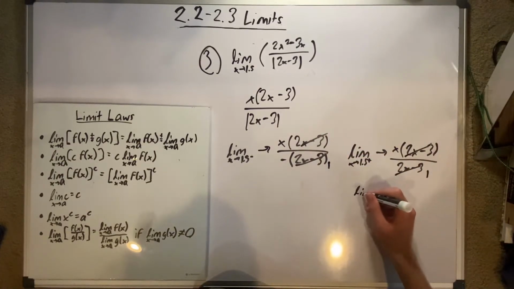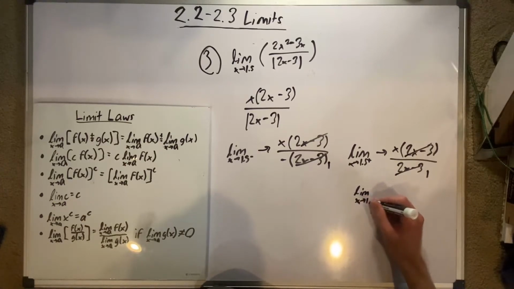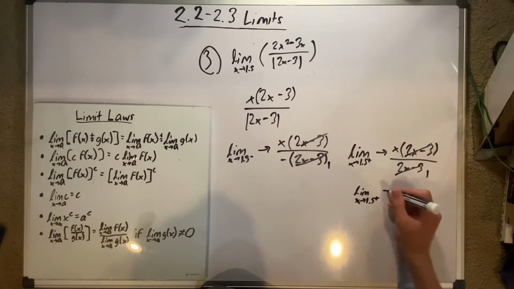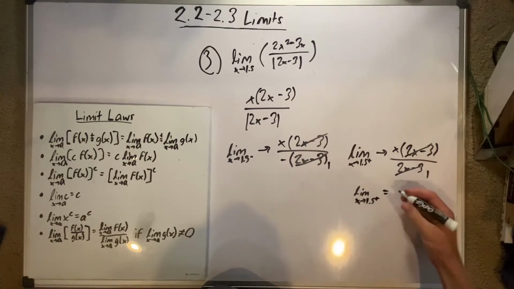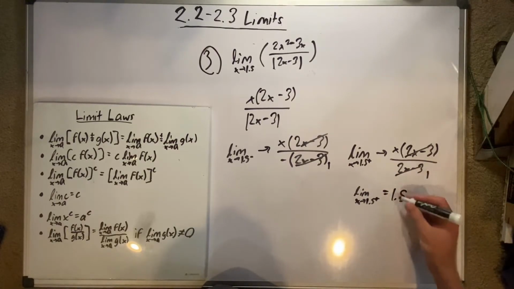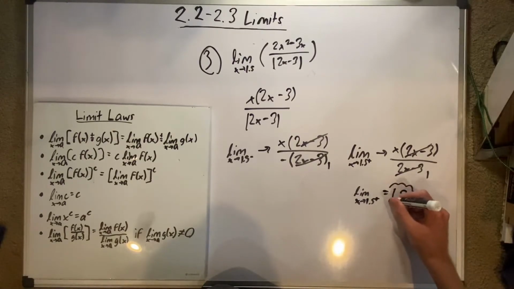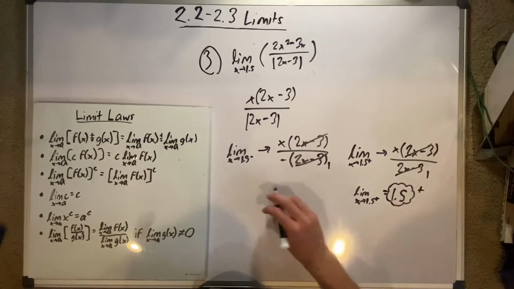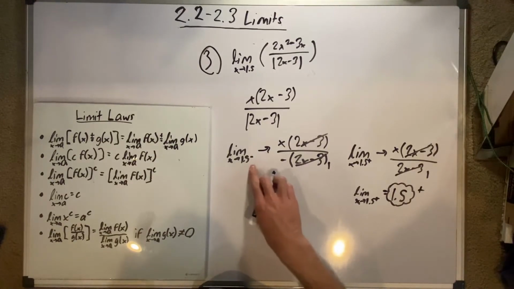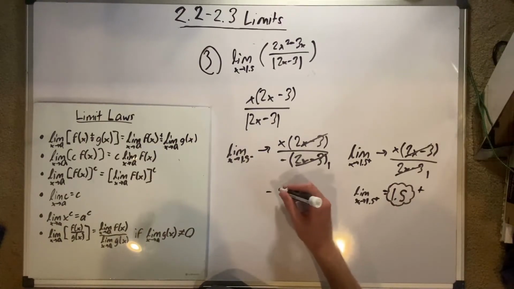So the limit as x approaches 1.5 from the positive side is equal to x over 1. Plug in 1.5, it's equal to 1.5. So that's 1.5 from the positive side. Now let's do it for this one. This is negative 1, which means it's equal to negative x, which means if we plug in 1.5, it's equal to negative 1.5.